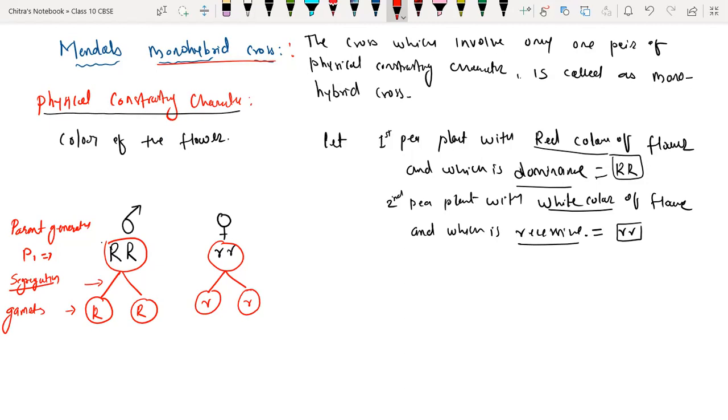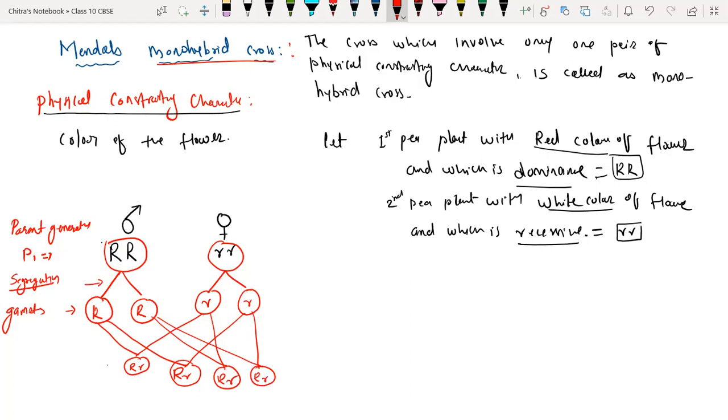Yes, sir. Okay. Now these gametes are going to fuse to form the new generation. When this gamete fuses with that one, it will produce capital R, small r. If it fuses with the other, again it produces capital R, small r. Whether a male gamete fuses with a female gamete, it will always form capital R, small r.